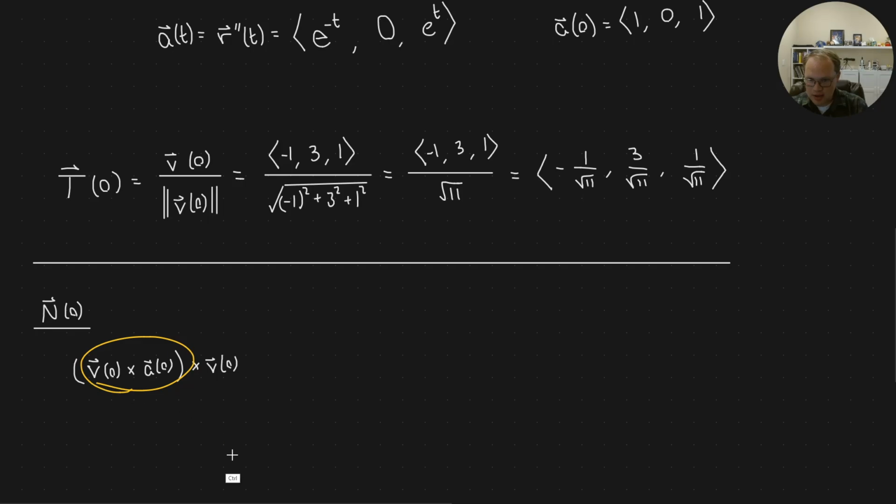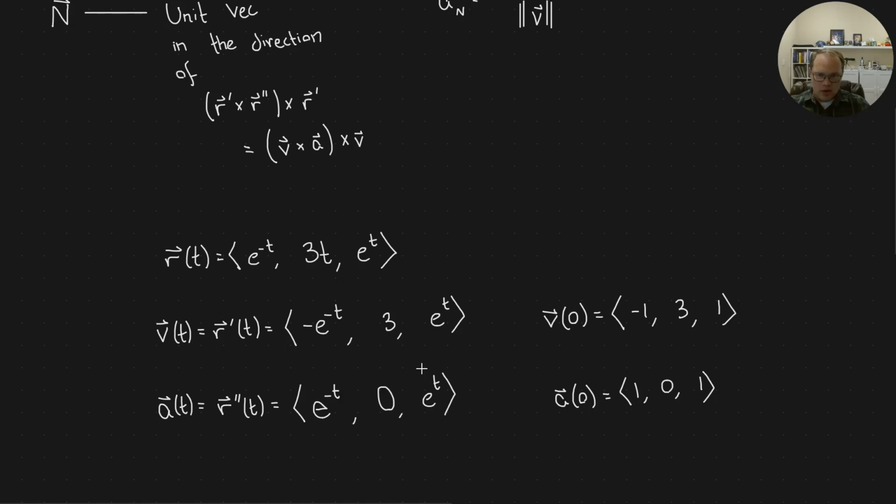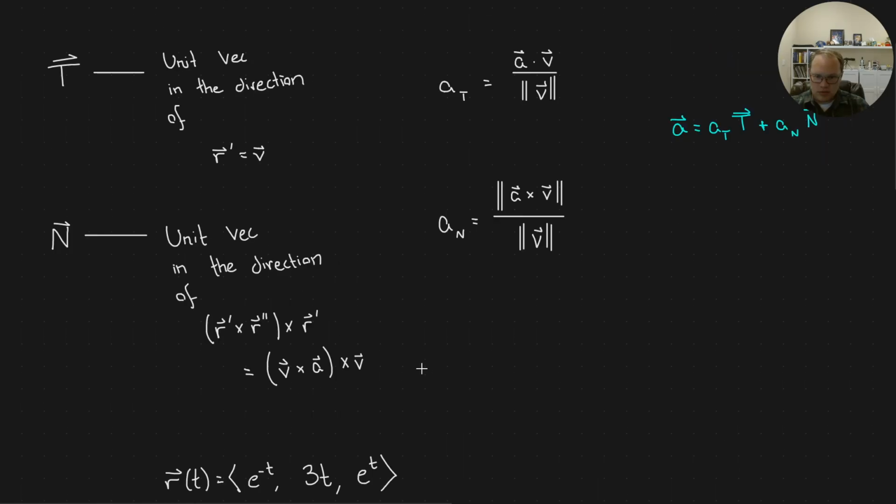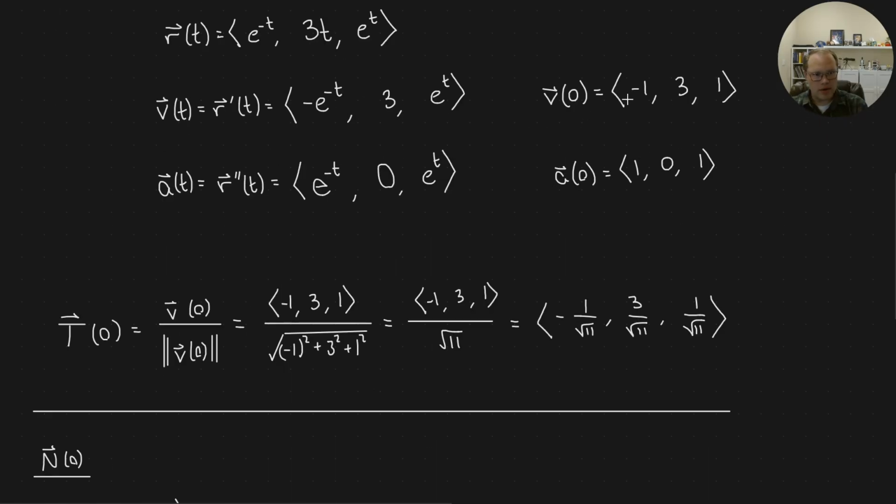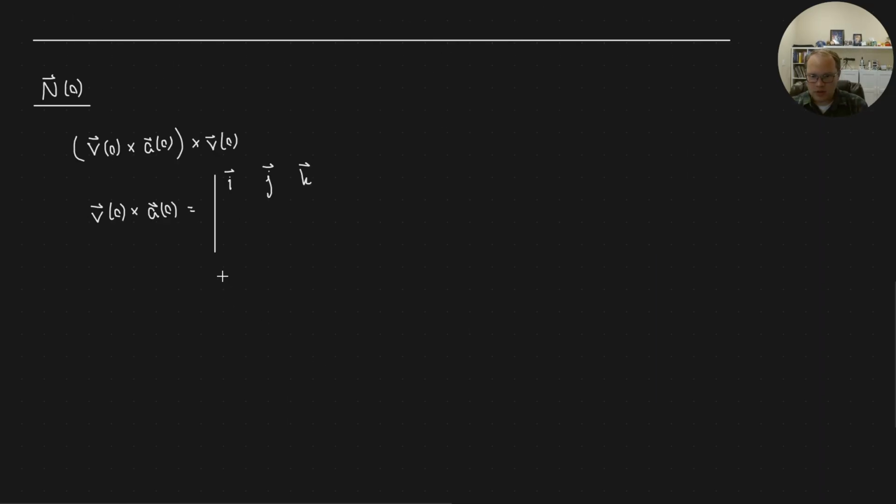So I'm going to calculate this one first, V of 0 cross A of 0. I, J, K. V of 0, right here, is negative 1, 3, 1. A of 0 is 1, 0, 1. So negative 1, 3, 1; 1, 0, 1. I'm going to calculate this pretty quickly.